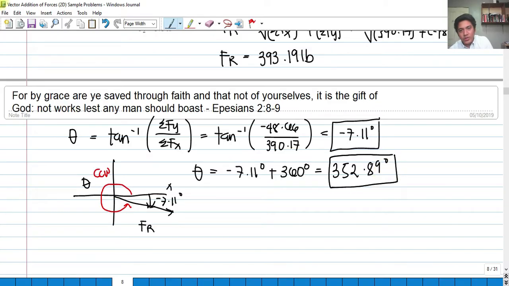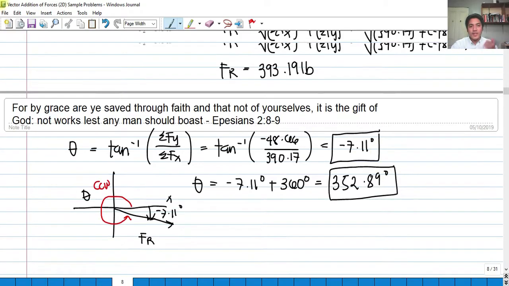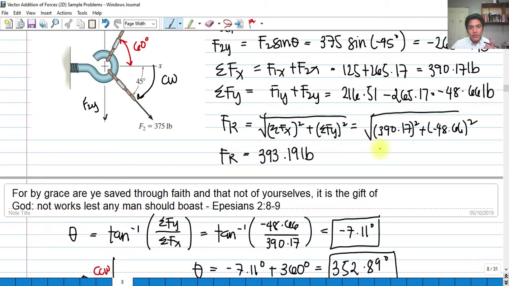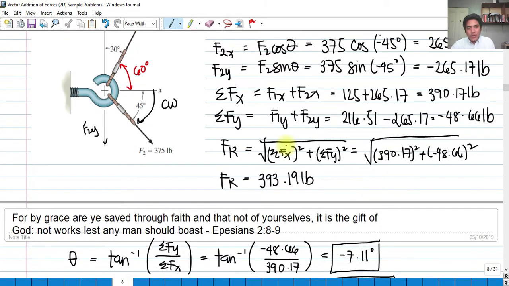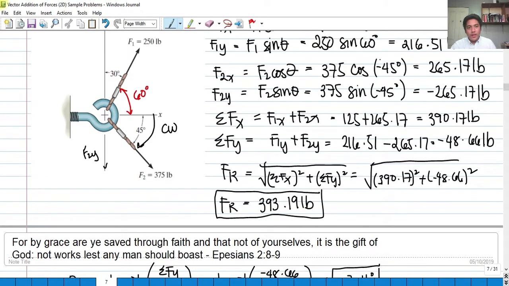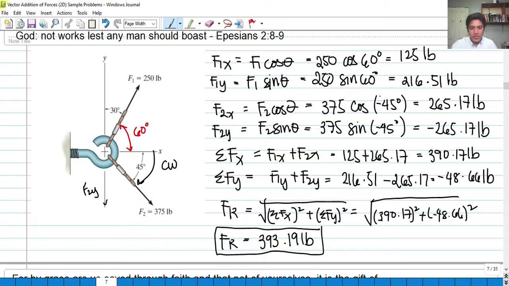So this would be our answer. 352.89 degrees is the direction of the resultant force F sub R, and the magnitude of F sub R is 393.19 pounds.